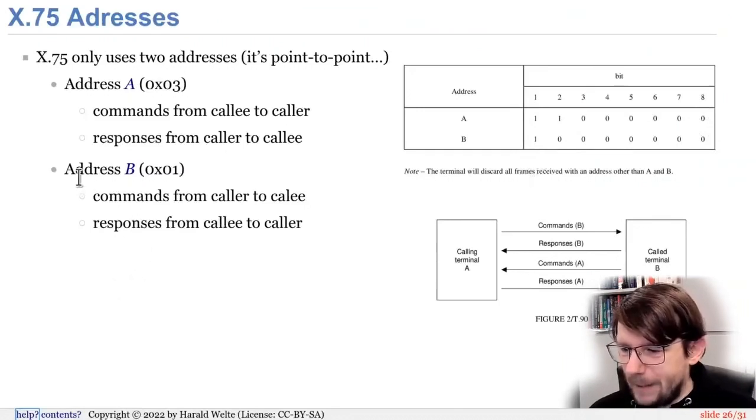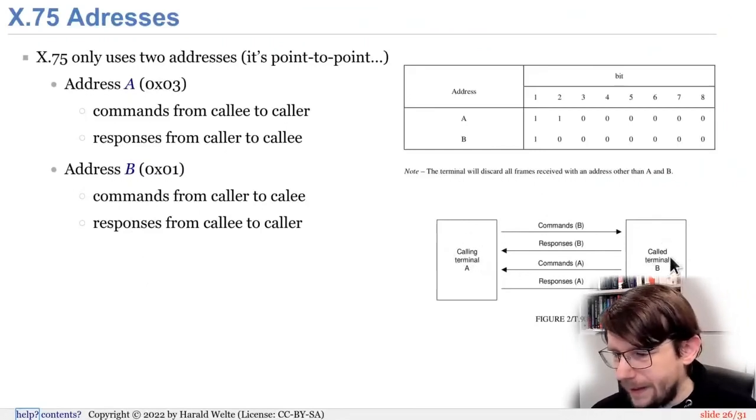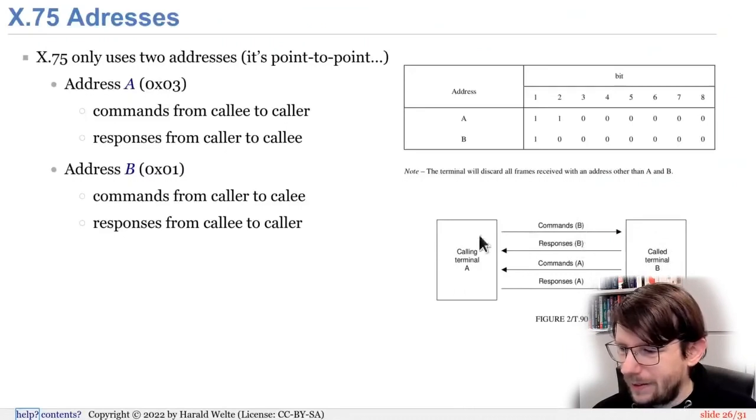And yeah, the structure is as indicated in this figure at the right bottom side. So we always have the calling side and the called side. And if the calling side sends a command to the called side, it uses B as the address. And if the B side responds to that, it also uses B as the address.